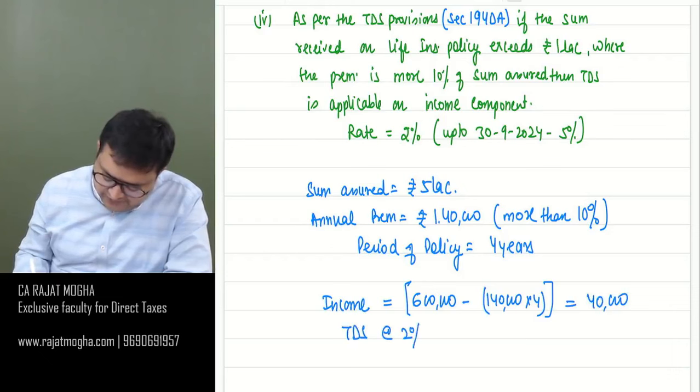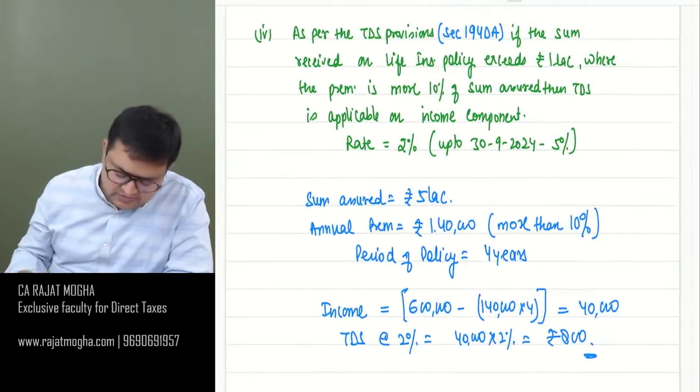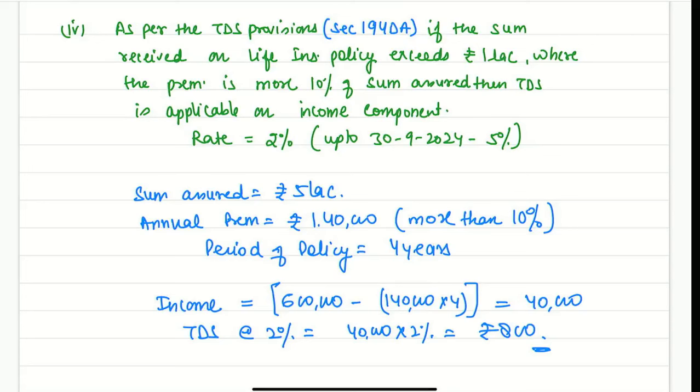TDS at rate of 2%. 40,000 into 2%, rupees 800. Let me know once you have written this. Good.